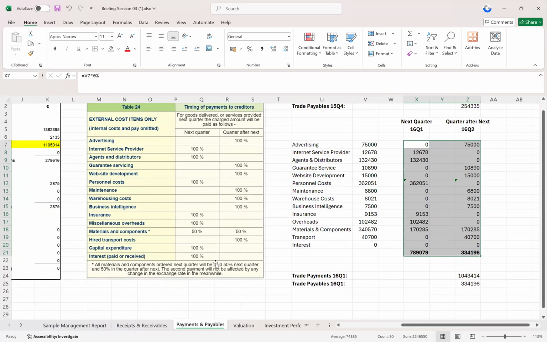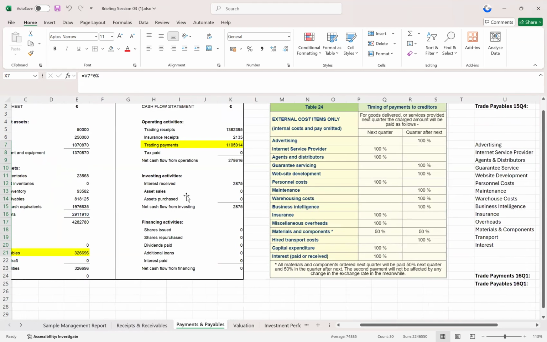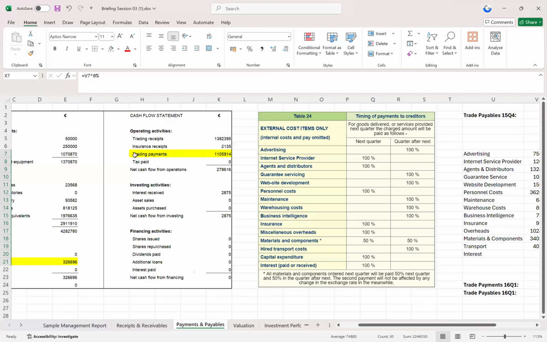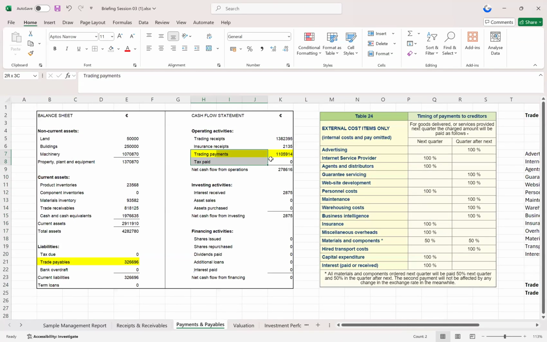Is it clear? Okay. So if we do this, we will be able to calculate our trading payments, and we will also be able to predict. See, trading payments you can almost calculate accurately, right? Because you know how to calculate all these expenses now. So this should be accurate. Then this would give me an amount.